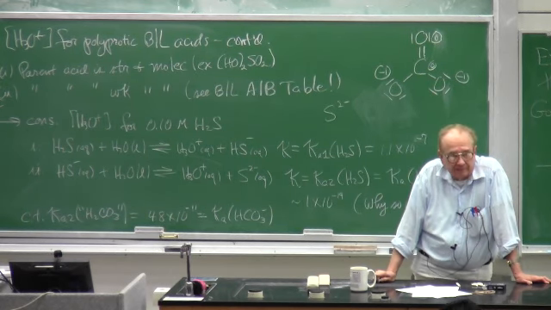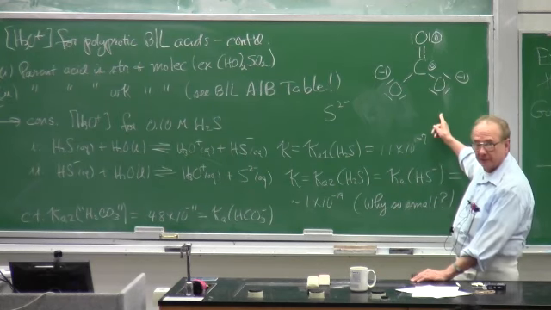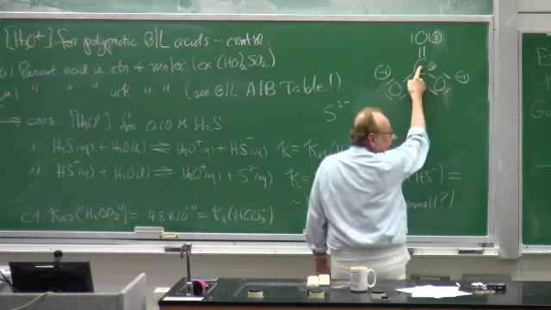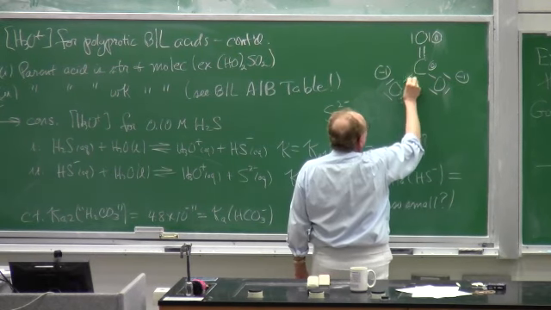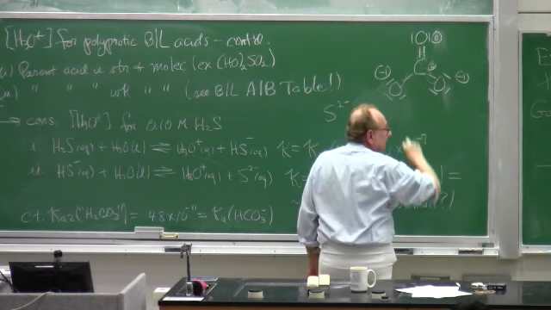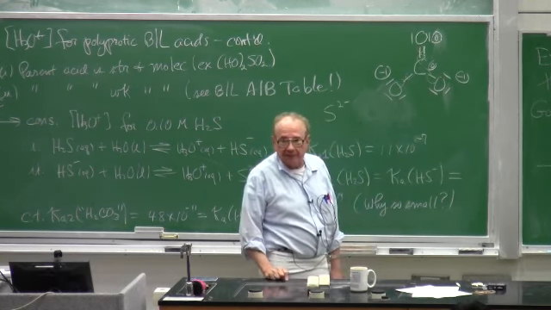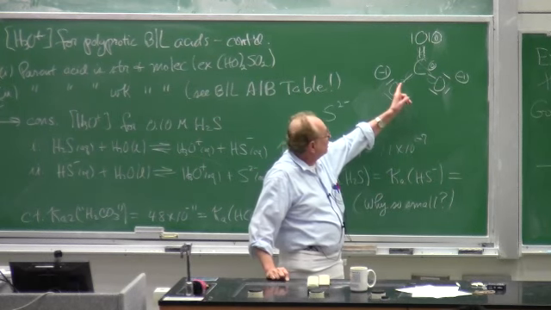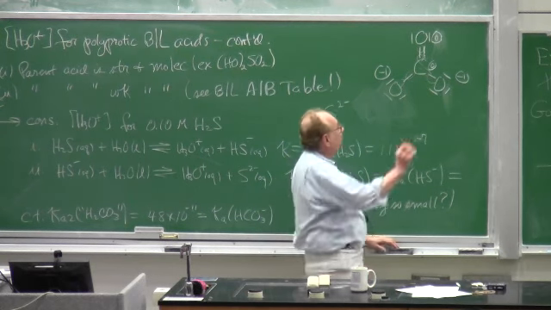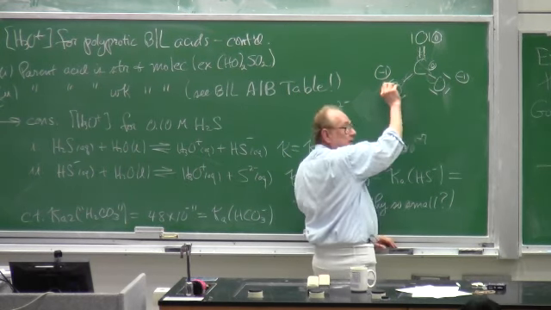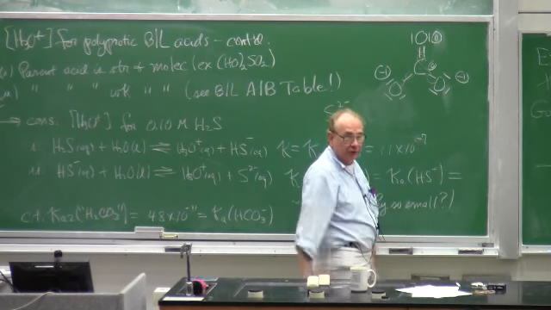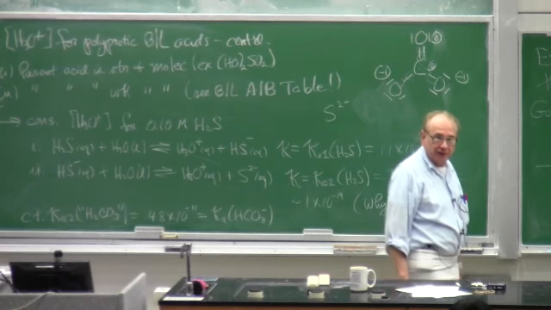Trigonal planar. The picture I have on the board shows you the sigma system. This is sp2 hybridized. Here's a sigma overlap here, sigma overlap here, sigma overlap here. If I wanted to draw a picture of the pi bonds, a part of which is at each and every carbon-oxygen bond site, I'd have to be able to draw orbital lobe projections which are coming out from and going behind the board. That ain't easy to draw.